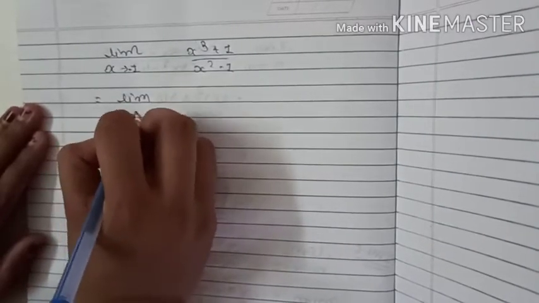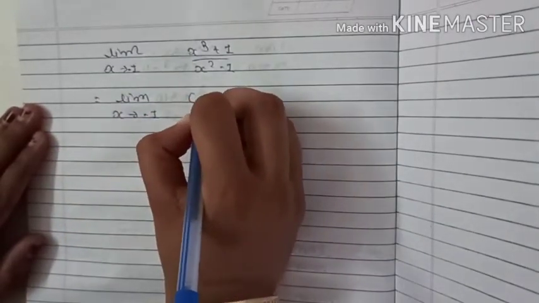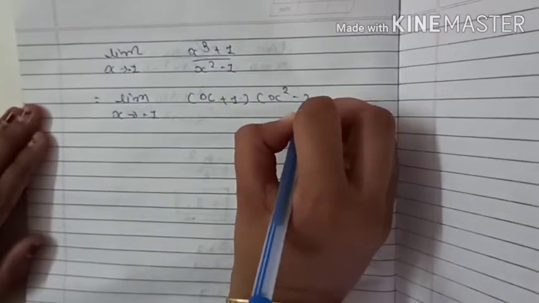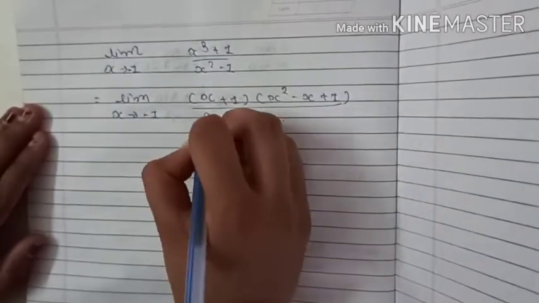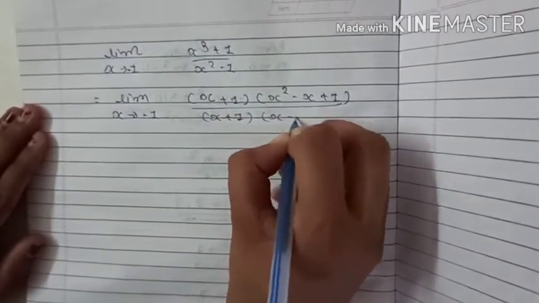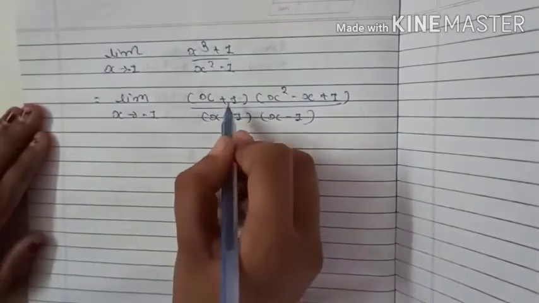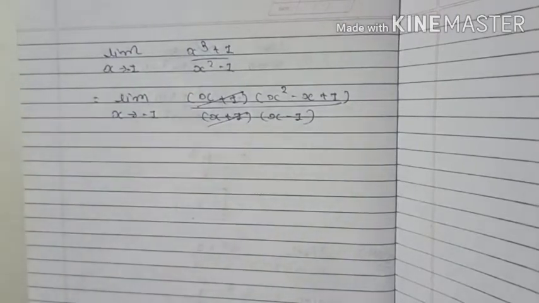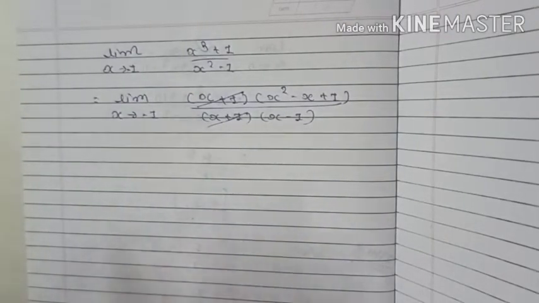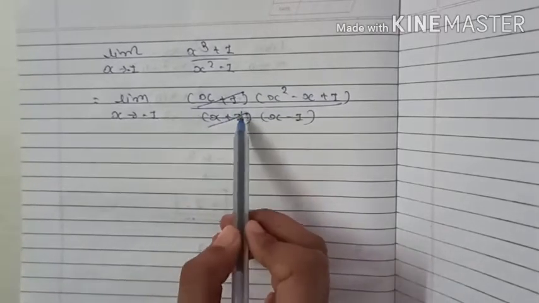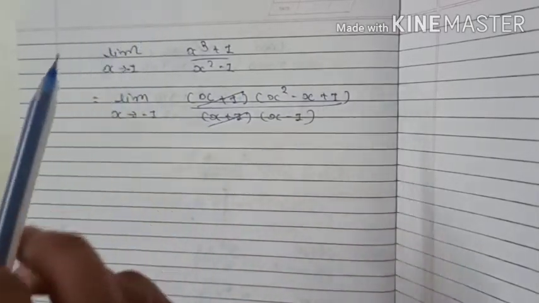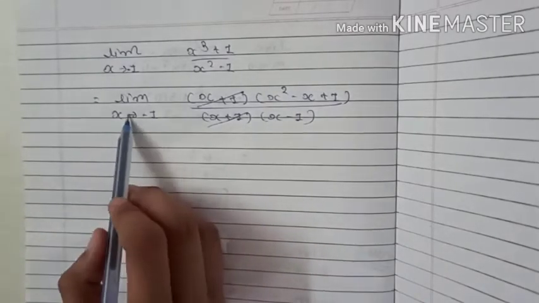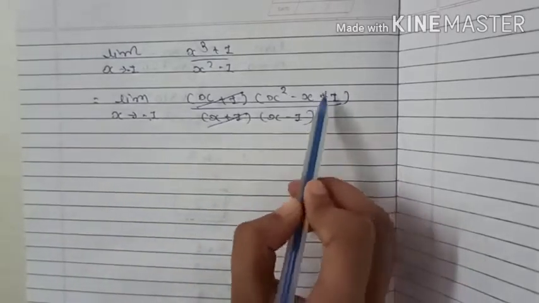Limit x tends to minus 1, x plus 1 into x square minus x plus 1 upon x plus 1 into x minus 1. Right? The one element is cancelled. Denominator and numerator are same, so it will automatically cancel. After cancelling the element of the numerator and denominator, then you have to put the value of x. Value of x is minus 1. So let's put in this.